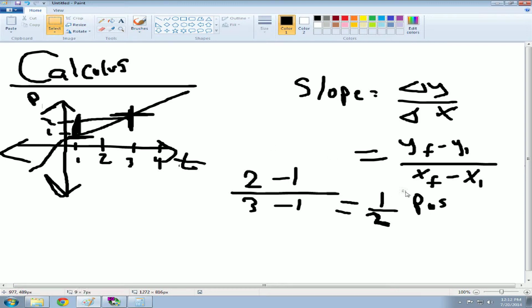When we do position over time, we're going to say that the position is miles, and time is going to be hours. So you have miles per hour. We could change these up as much as you want.